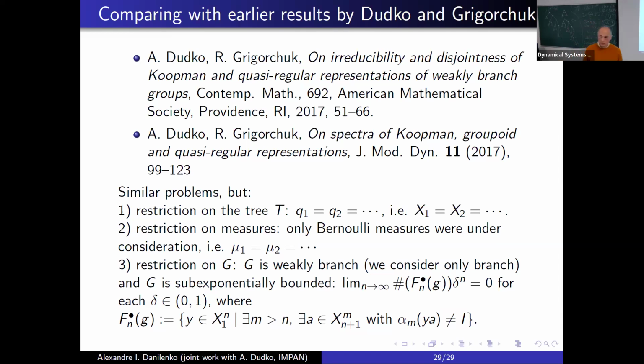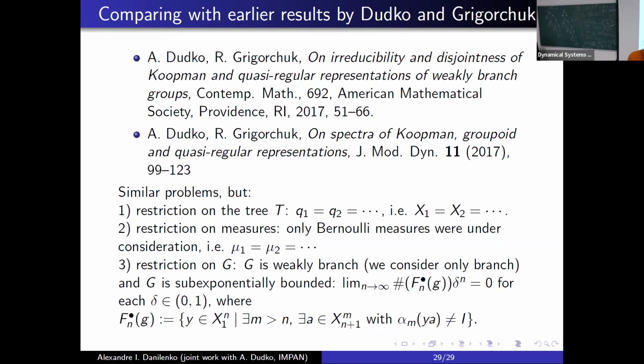I have some maybe irrelevant questions. Maybe just consider the easier case, where we have a group acting on the tree of sequences over 0, 1, 2, up to n. And you said that maybe the Bernoulli measure is invariant with respect to G. It depends which Bernoulli measure. Only one Bernoulli measure is invariant.